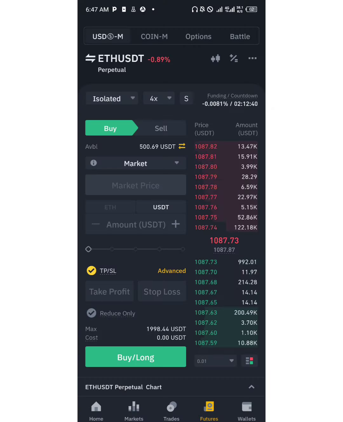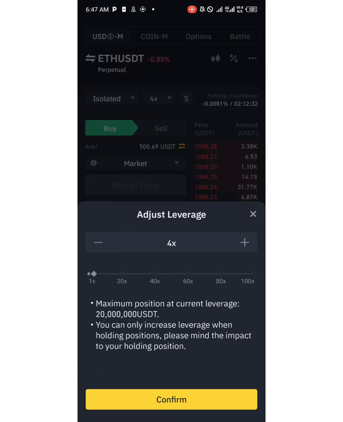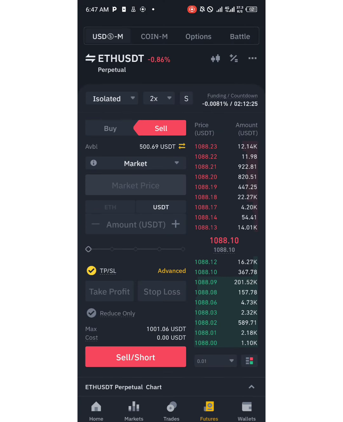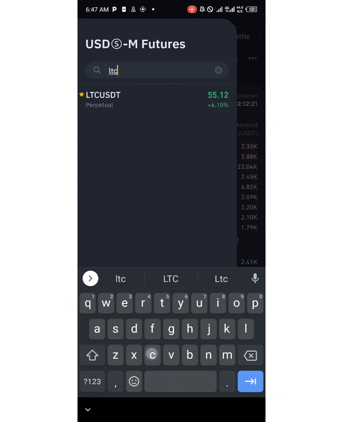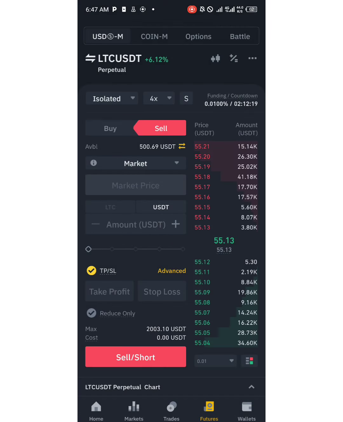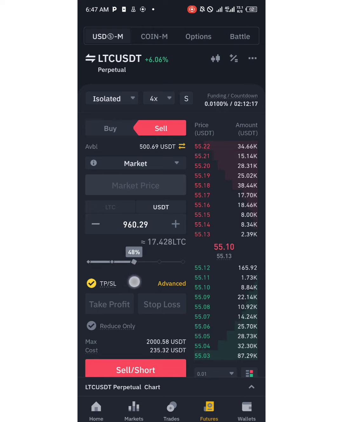Let's go, guys. So guys, after making my analysis, I'm going to be shorting LTC and longing Ethereum. All right, I'm just going to be using not more than 2x to actually implement this strategy. This is a live trade, so I'm shorting LTC, which is Litecoin, shorting it with 2x with 50% of my portfolio.